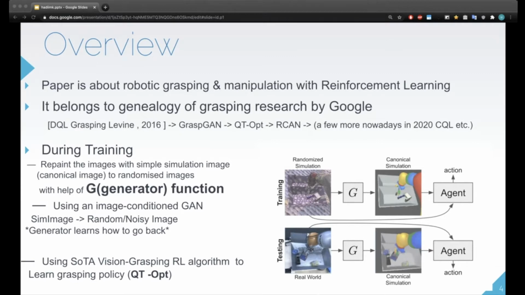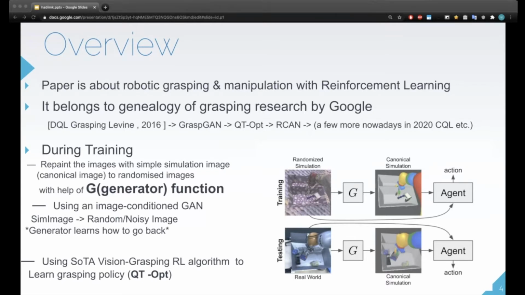There's another one called RCAN, and beside that is QT-Opt, and now we have RCAN, which is what I'm going to talk about today. And there's actually more in 2019 and 2020 that improved on this paper also.